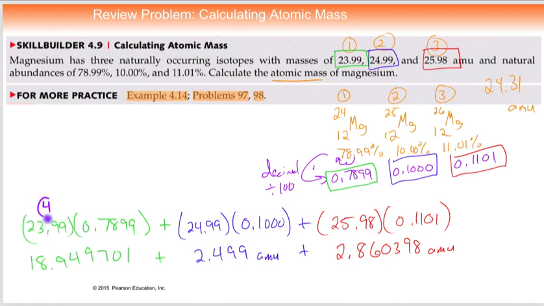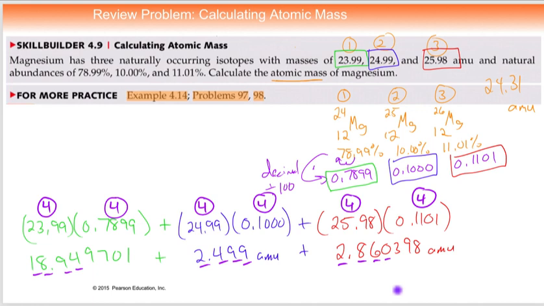Multiplication here. 4 sig figs, 4 sig figs. And so if you were to apply the sig fig rules here, it would tell you that I want to keep 4 sig figs there. Same here. Now this one's a little simpler because this is just 0.1. But I'm still applying the sig fig rules correctly. 4 sig figs, 4 sig figs, and then it tells me I would keep those first 4.